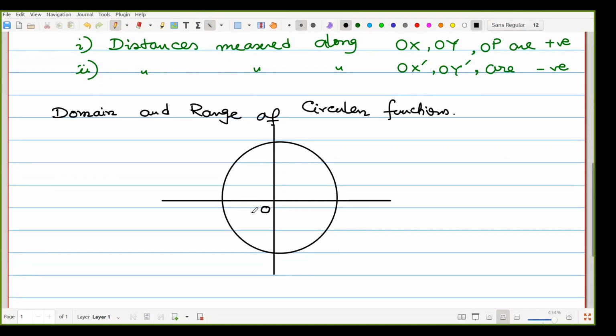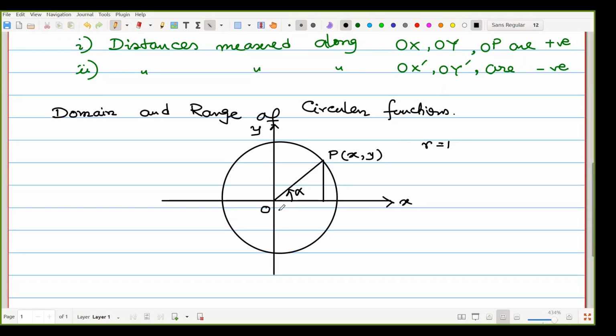O is the center, that one is the X, that coordinate is the Y, and we have a unit radius circle, and that one is our P, which is called XY, the value of coordinate, and we have drawn a perpendicular, where R is equal to 1, and we had the alpha or theta, whichever that is.